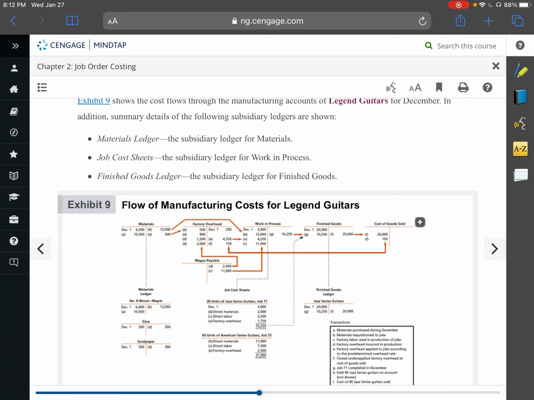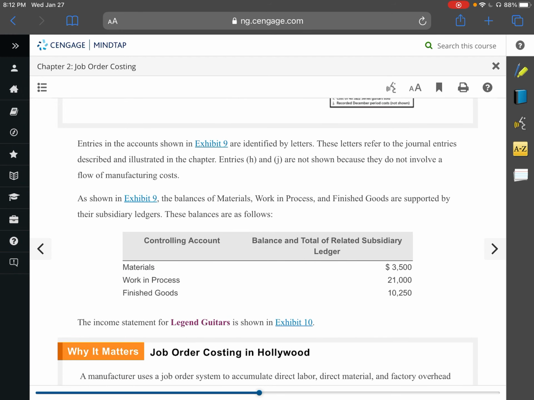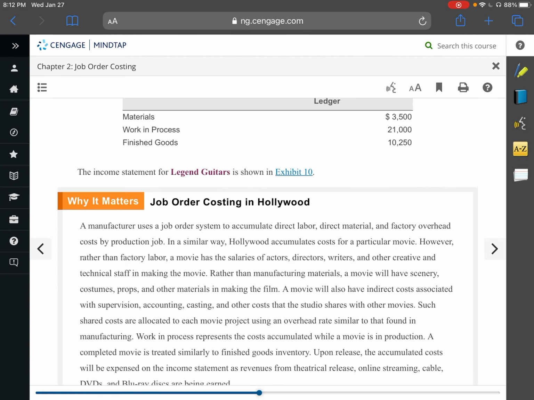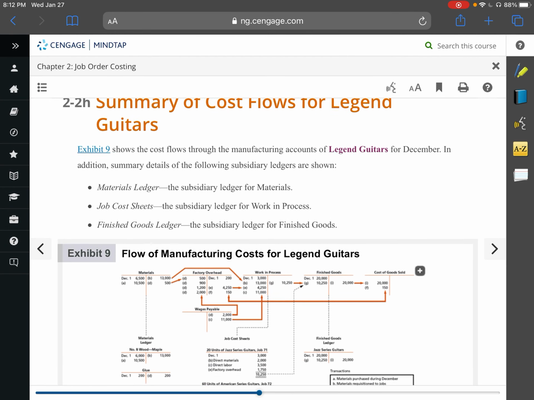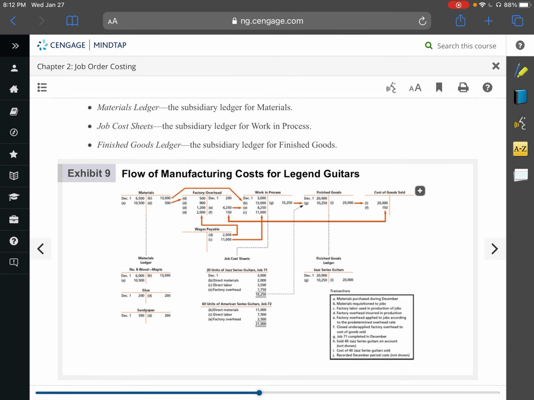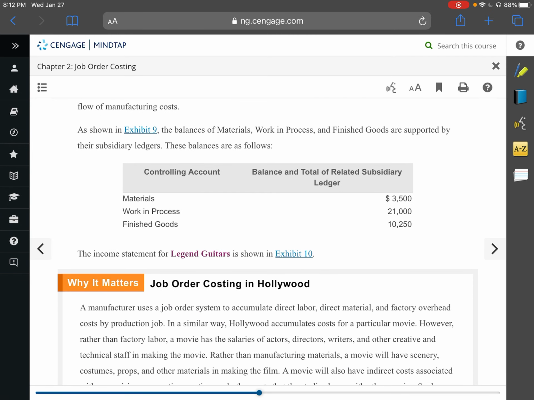I'm not looking at the individual ledgers because I feel like that would muddy the waters and it's just more detailed than we need to get in our conversations. So this is showing you some of those subsidiary ledgers. I'm not going to spend any time on those. You shouldn't either.